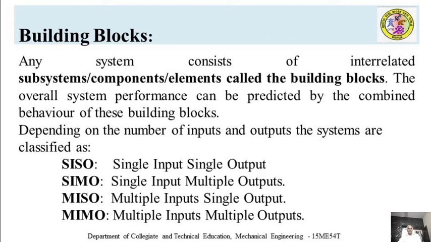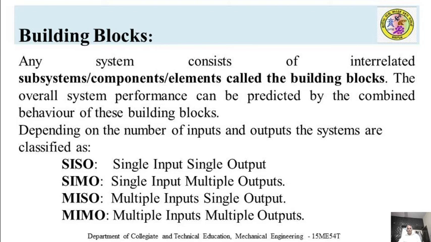If you use a single antenna in the transmitter and a single antenna in the receiver, that is called single input, single output. Likewise, if you use a single antenna in the transmitter and a number of antennas in the receiver, that is called SIMO, that is single input, multiple outputs.